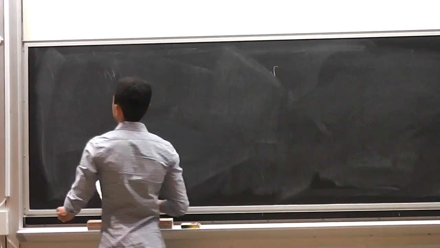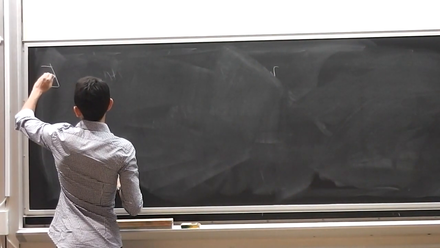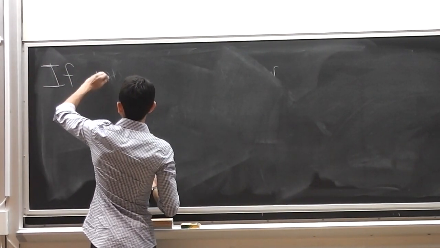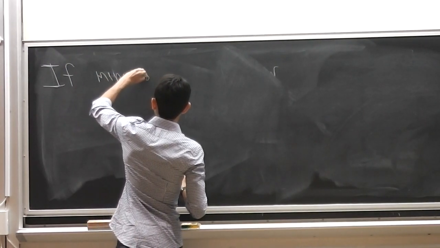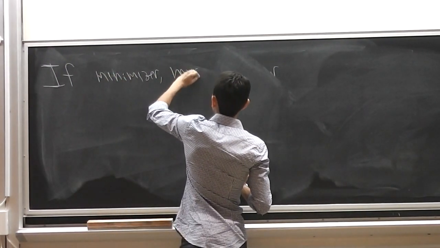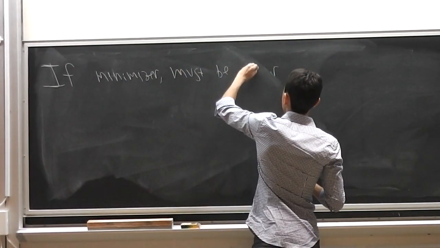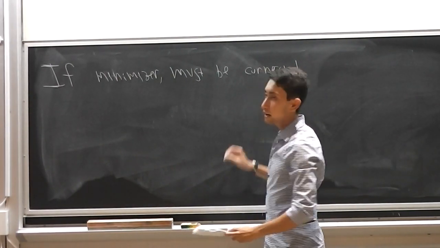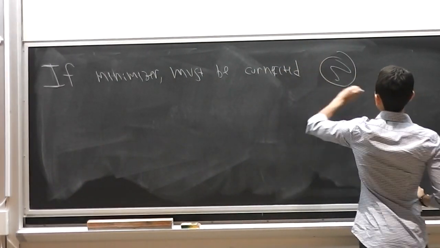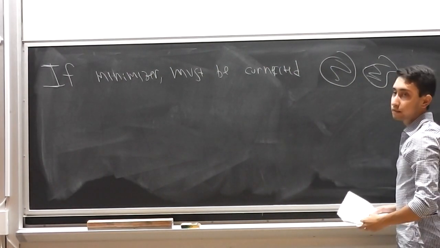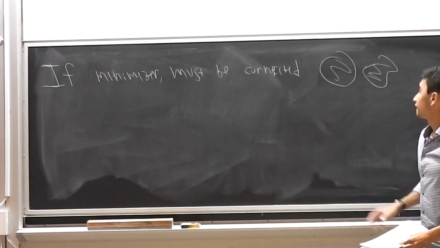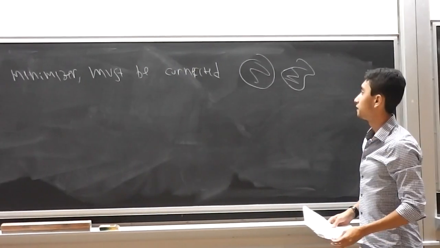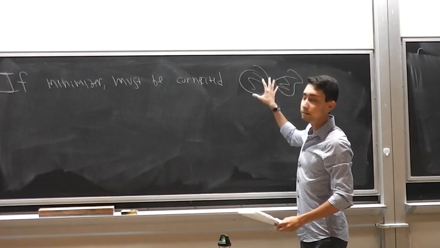First we need to observe that if there does exist a minimizer, it must be connected. Does anyone see why you can't possibly have something in pieces as a minimizer to the energy? Just pull it farther apart. Yes, if this is the minimum energy and you pull it apart, you decrease the V. So if you do have a minimizer, it has to be connected.